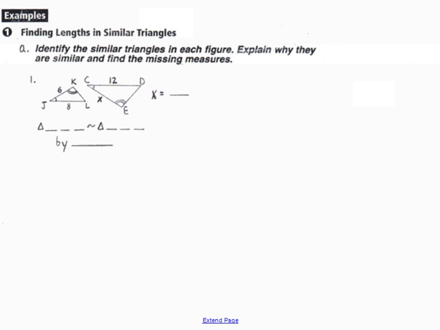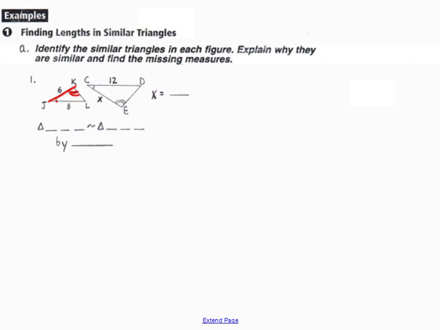So if I'm looking at these two triangles, to see if they're similar, I'm going to have to figure out what x is. I notice that JK is similar because I have this one tick on the angle and the two ticks here.